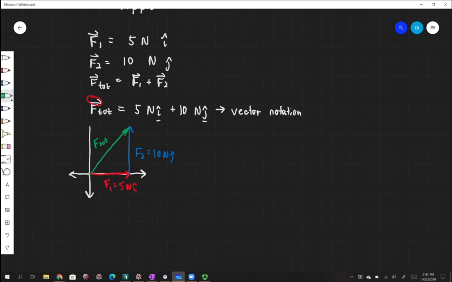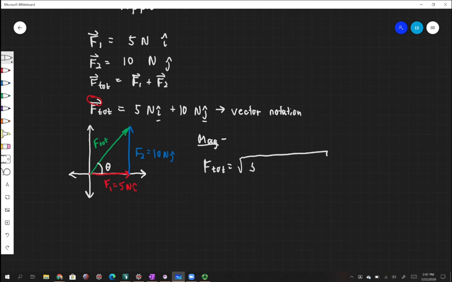So if I want to find the magnitude and direction of this, I have to do that using my standard vector processes. I have to put in an angle. We'll call the angle from the x-axis theta, and I can find the magnitude by using the Pythagorean theorem. So F total is going to be equal to the square root of the sum of the squares.